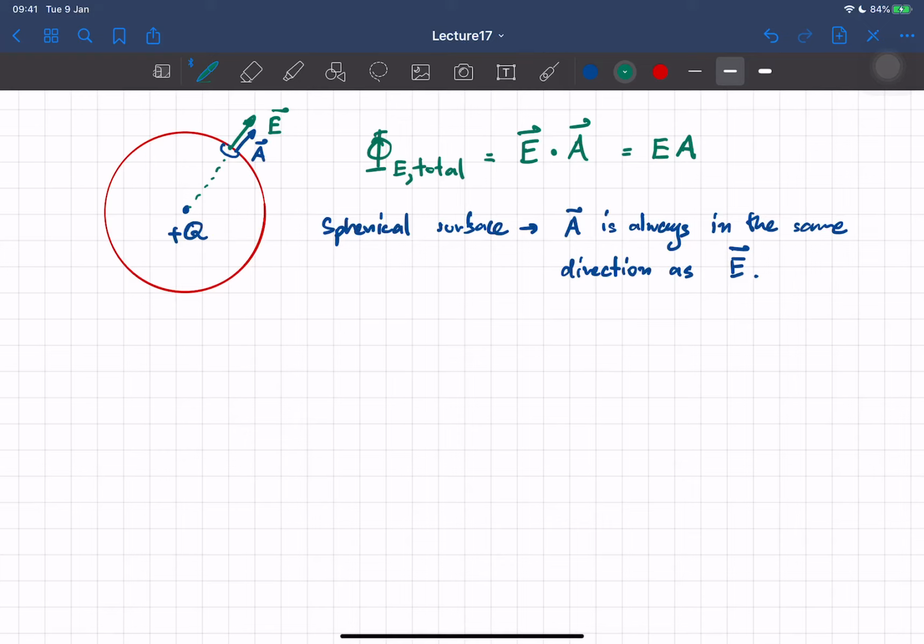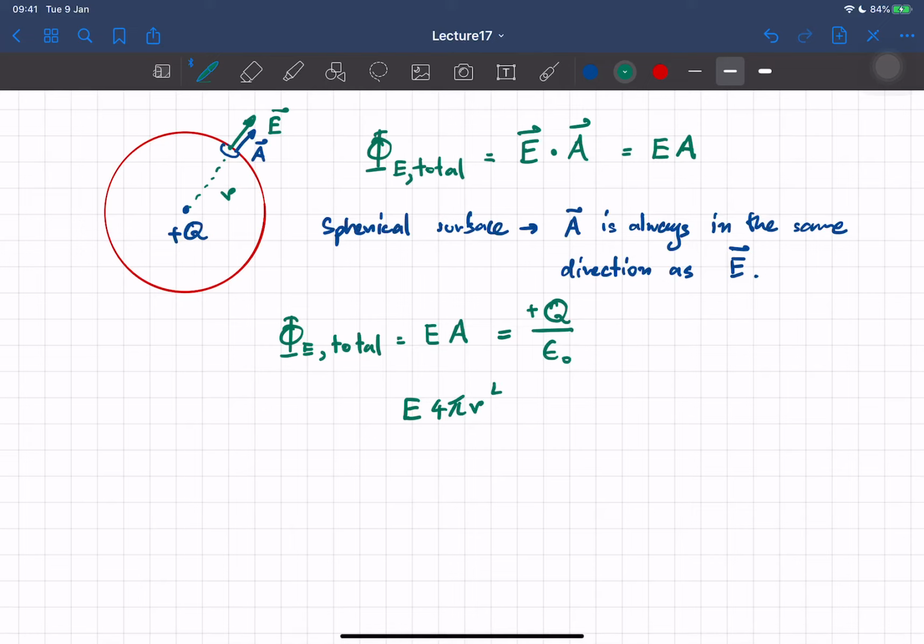So all this together, total electric flux equals electric field times area, which equals Q inside, which is plus Q, divided by epsilon 0. And what is the area of this sphere? The surface area of this sphere is 4 pi r squared, where r is the radius of this surface.